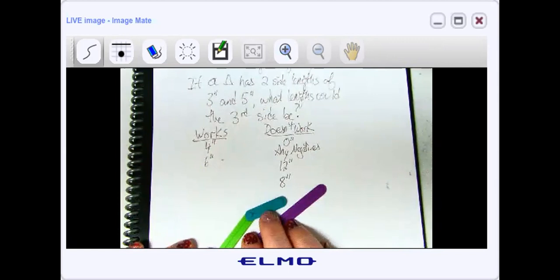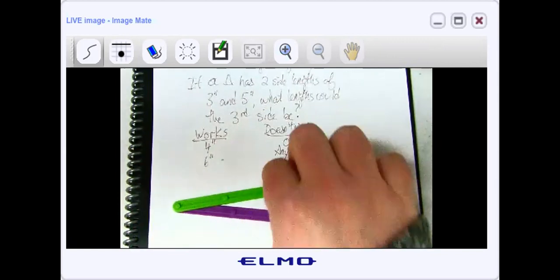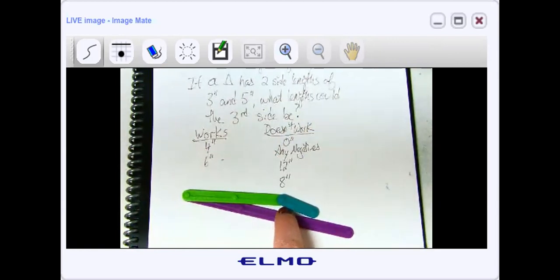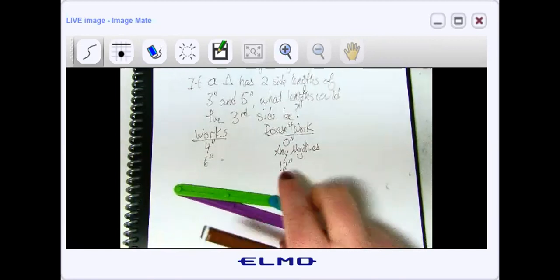Never mind, I changed my answer. Yeah. So turns out that I need something less than 8, but I can't go super small because it still doesn't reach. That third side needs to be a certain length in order to get all the way over to here. So where's that cutoff? So there's 1 inch. So 1 inch definitely didn't work.